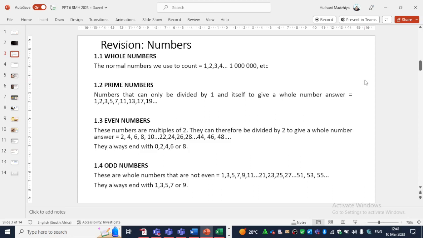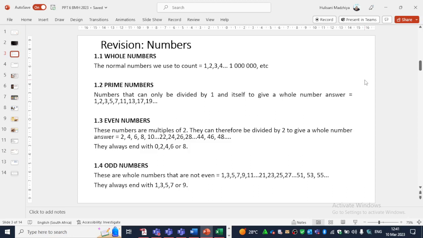And we also talked about the prime numbers. Prime numbers are numbers that can only be divided by 1 and itself to give a whole number answer. So we have got numbers such as 1, 2, 3, 5, 7, 11, 13, 17, and 19. So these we refer to as prime numbers.